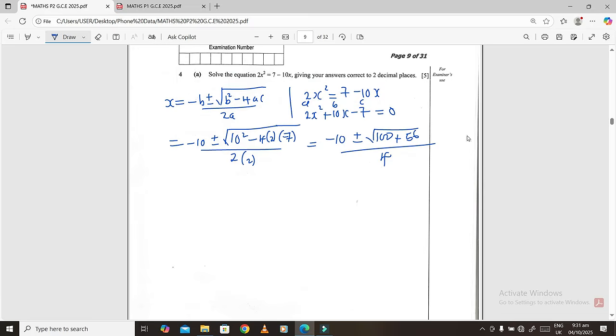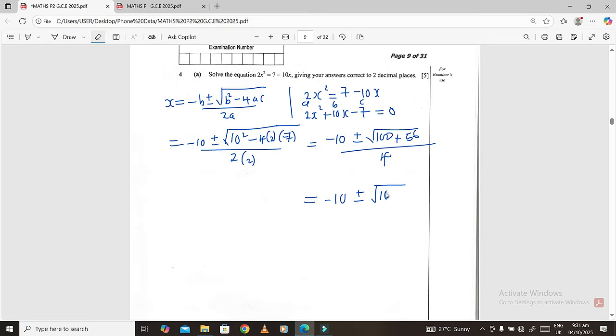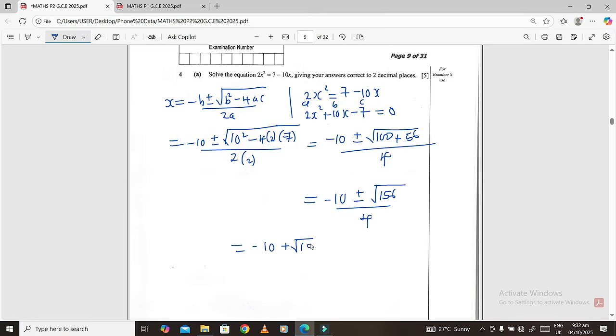So here we are getting negative 10 plus or minus square root over 156, 156 over 4. So we can separate, we can say negative 10 plus square root over 156 over 4, or negative 10 minus square root over 156 over 4.